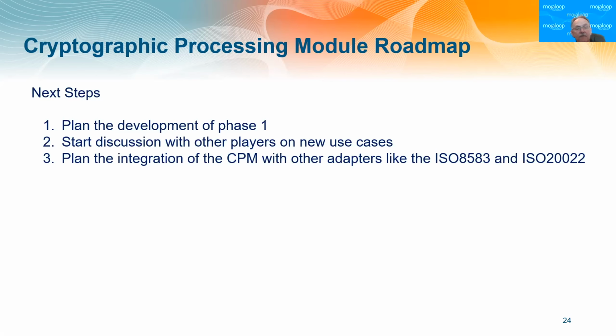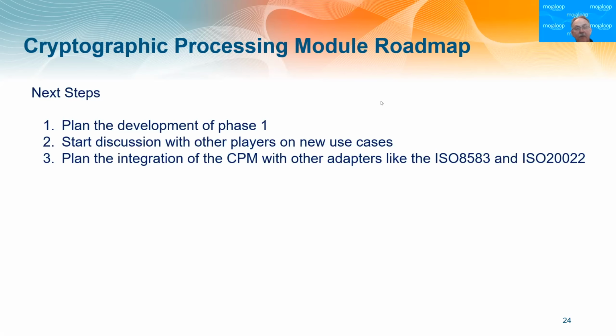Then we start discussions with other players on any new use cases that may be needed to bring into the security. The ones that were decided on in the last PI were the creation and verification of signatures and the encryption and decryption of any data that's needed.